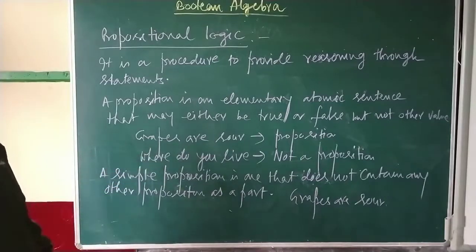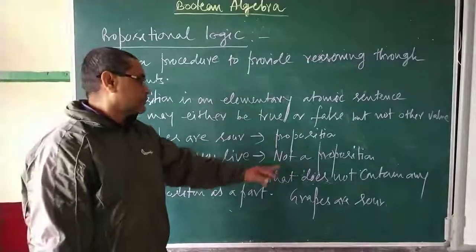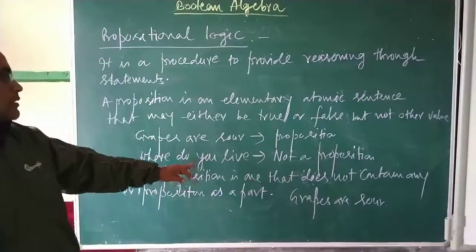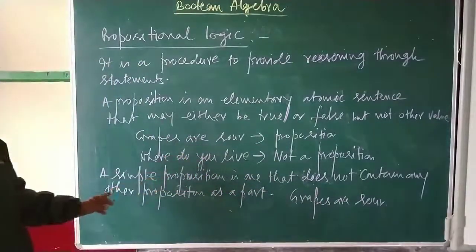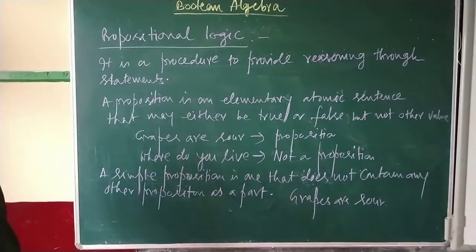Now these are all simple propositions, like grapes are sour. A simple proposition is one that does not contain any other proposition as a part, like grapes are sour. This is just a proposition where we have a simple sentence.